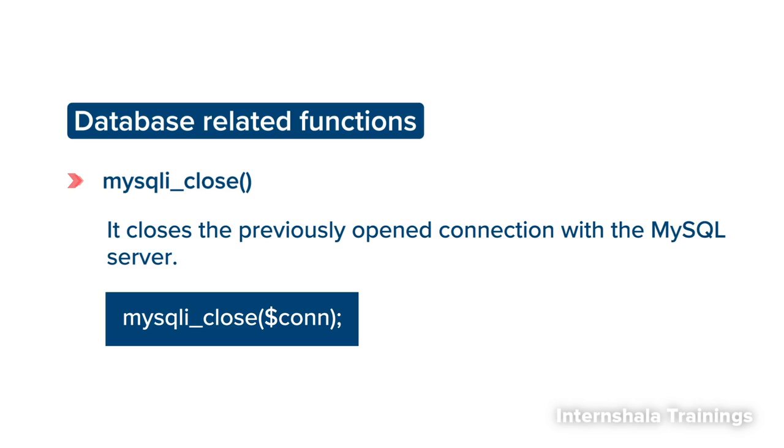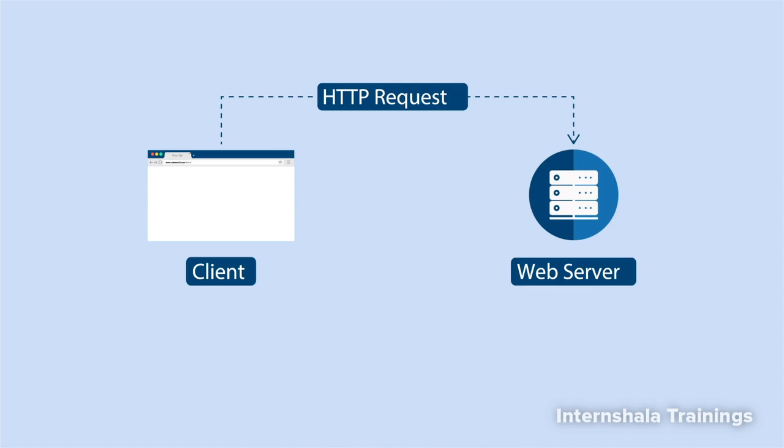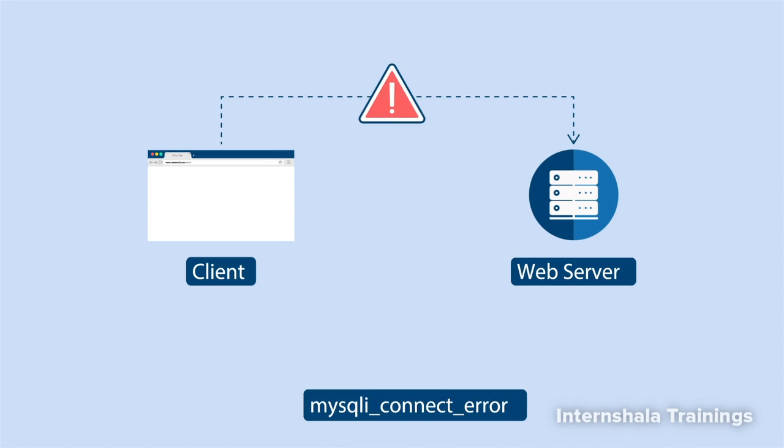Before we proceed further, let us quickly summarize the functions which we have learned so far using the client-server communication diagram. The first step is to establish the connection with the MySQL server, for which we will use the MySQLi connect function. In case the connection does not get established, then we use the MySQLi connect error function to identify the issue.